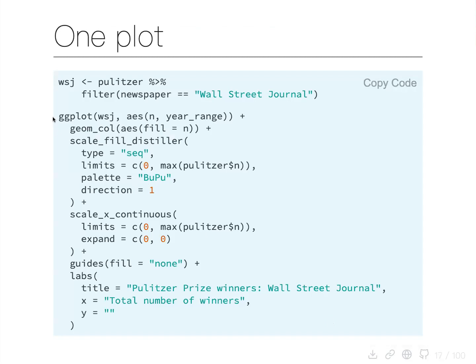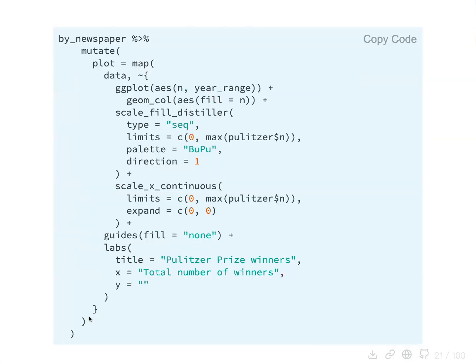All I'm going to do though is I'm basically going to copy all of this code, right? And then I'm going to put it in a map, but I'm going to pass it the data and then tilde, and I can use the curly braces to kind of keep things contained. So here's where the plot ends, if I want, right?